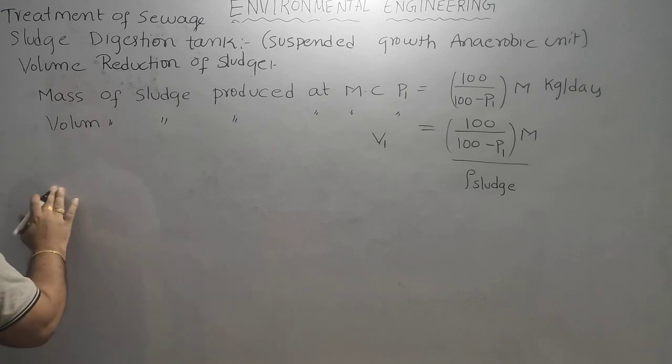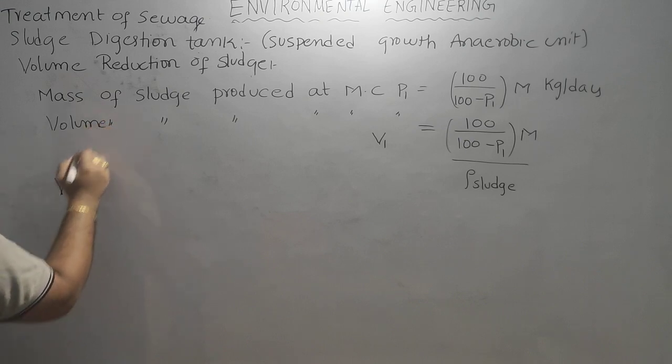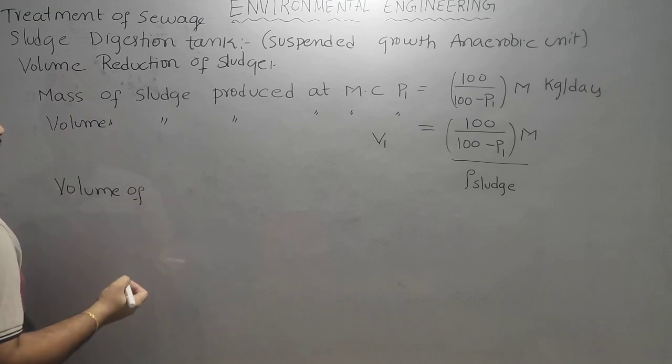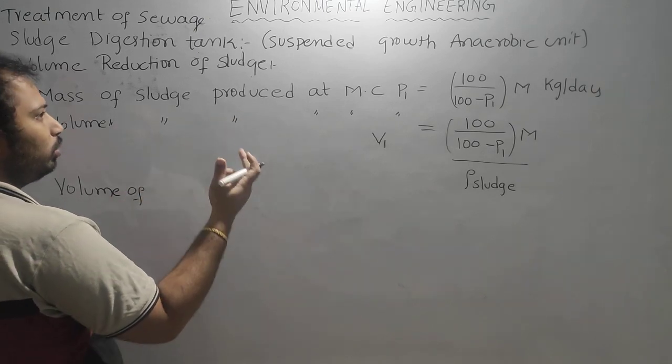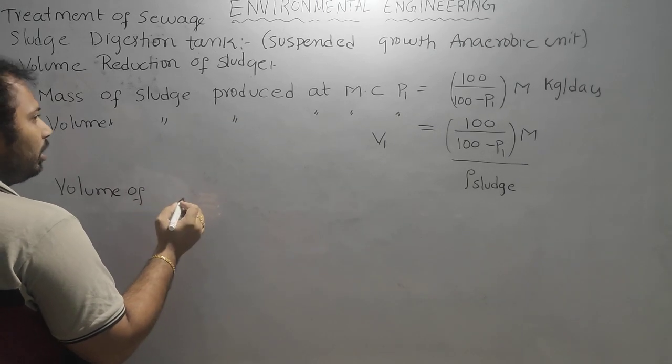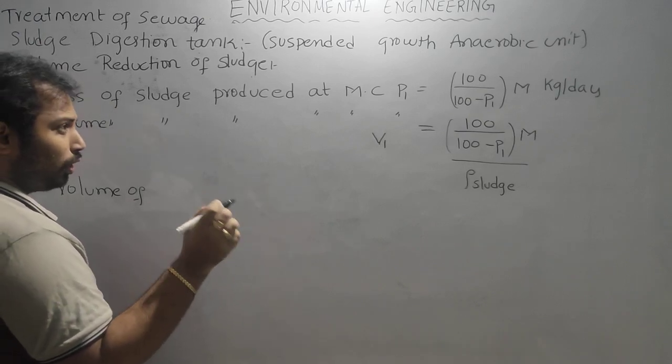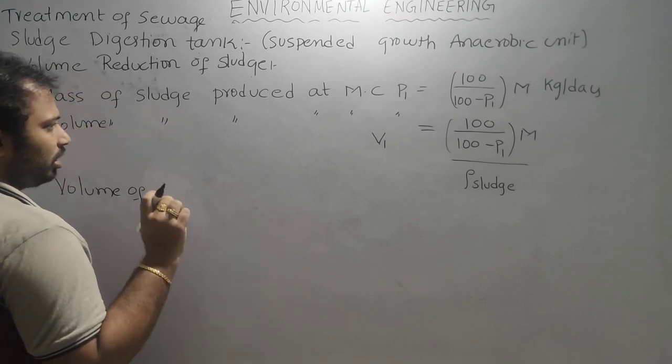Now the volume of the sludge produced at moisture content P2. Similarly, we can write the mass at P2. So the mass will become 100 by 100 minus P2 into m, the mass at moisture content P2.